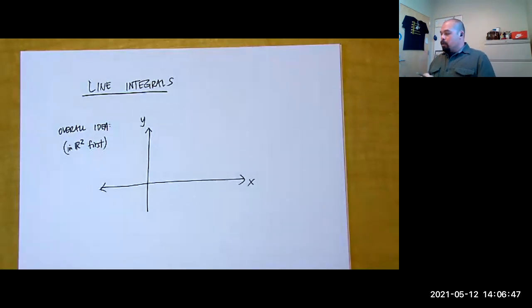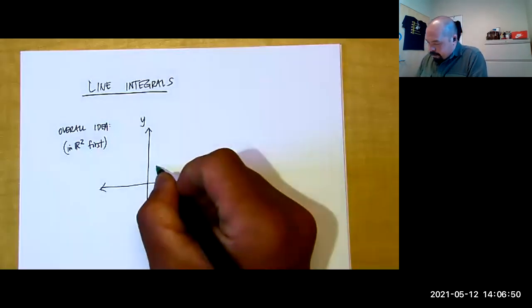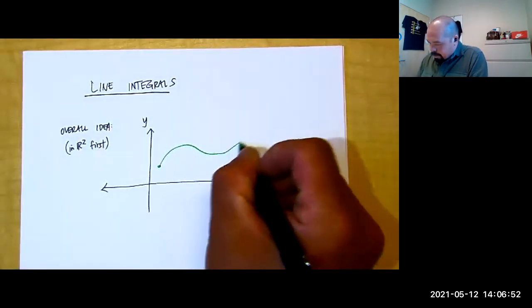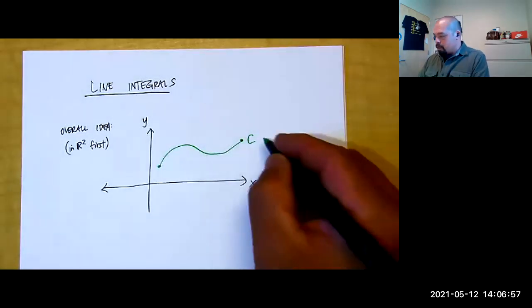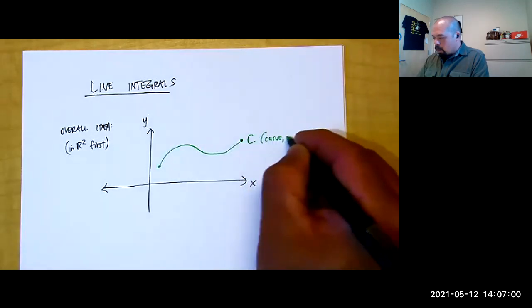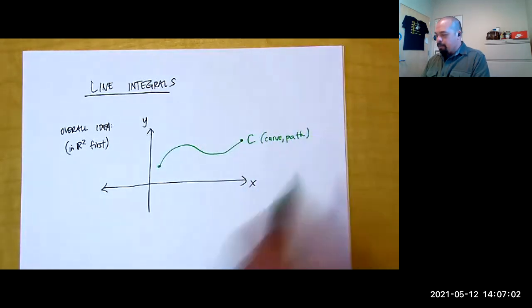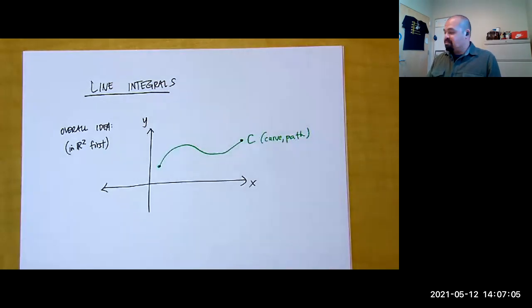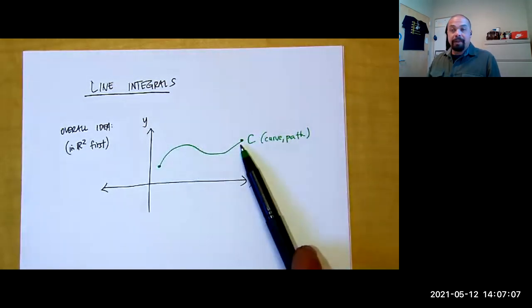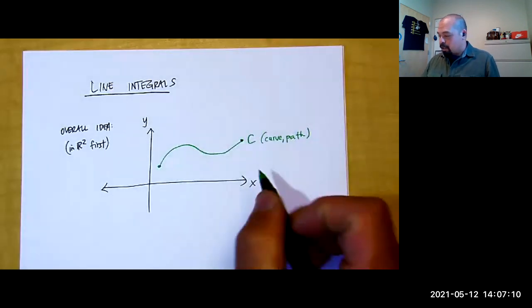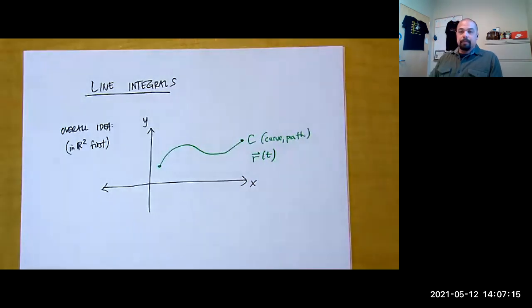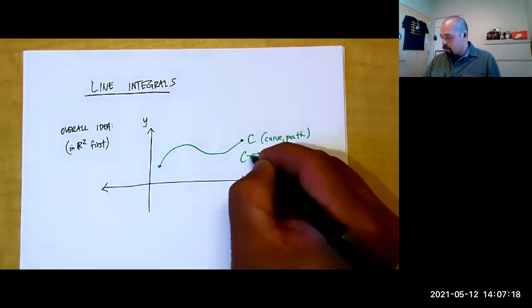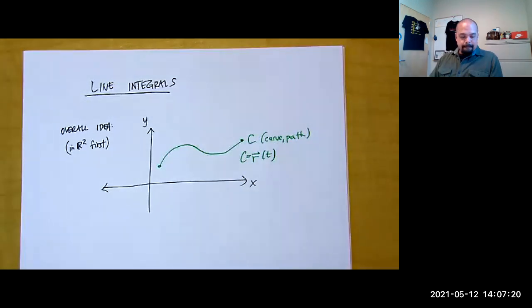But this idea is that if we have some curve C, right? So this is our curve or our path that we're following in space. And again, it could be some polynomial curve. It could be parameterized. That's what we're going to start to see. Most likely, this parameterization.